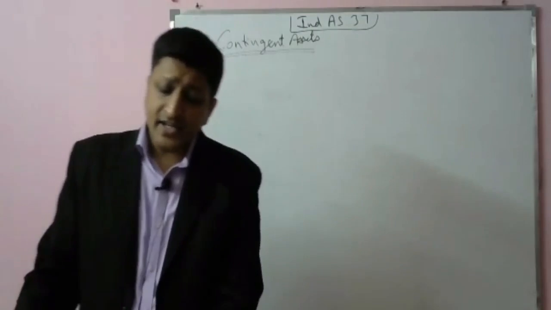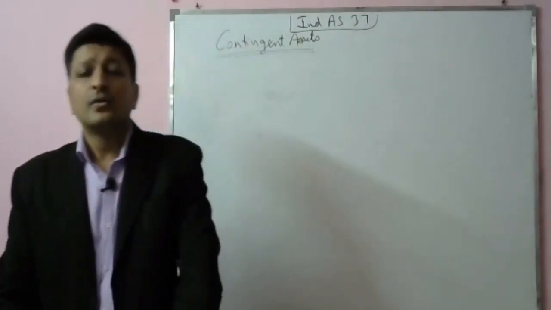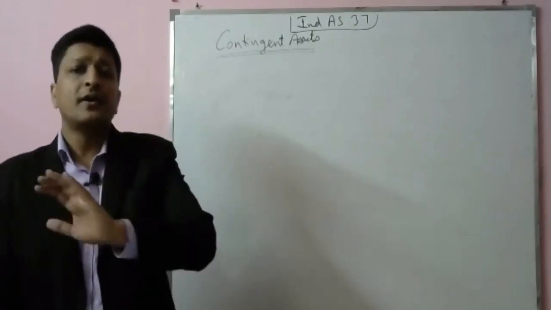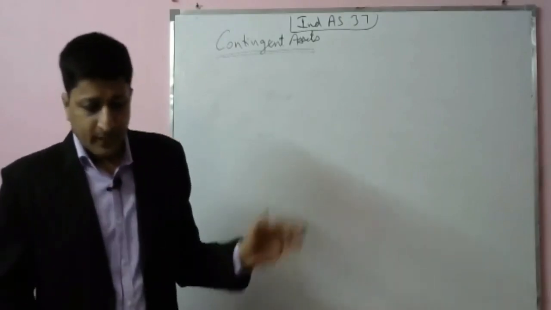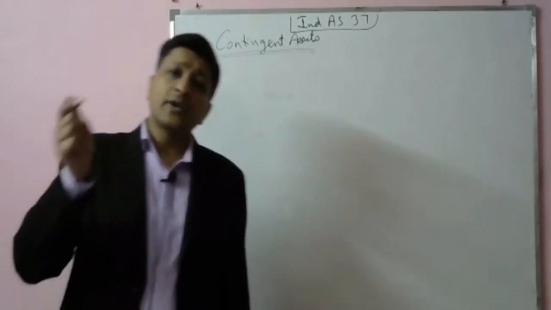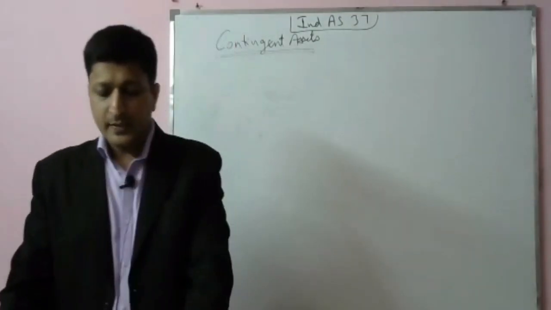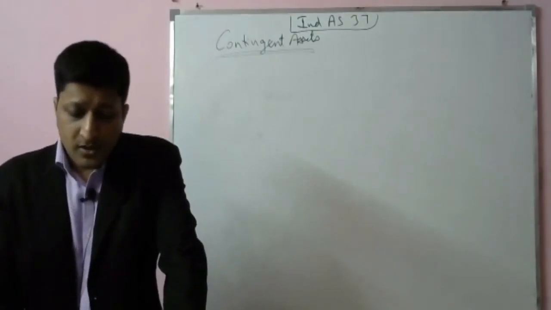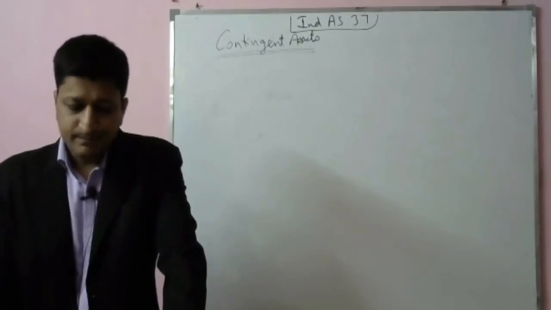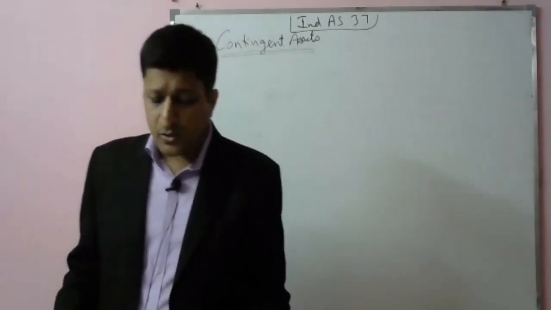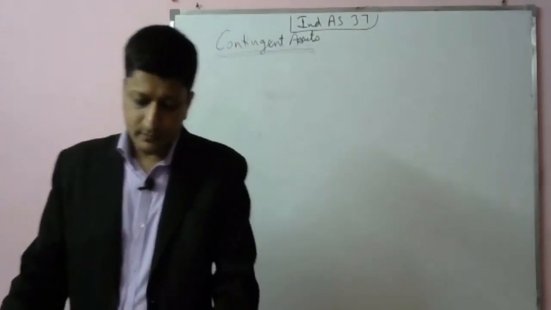Contingent assets, similar to what we see in case of contingent liabilities, are not recognized. Those are only disclosed in the financial statements. And this can be best understood with the help of this example.